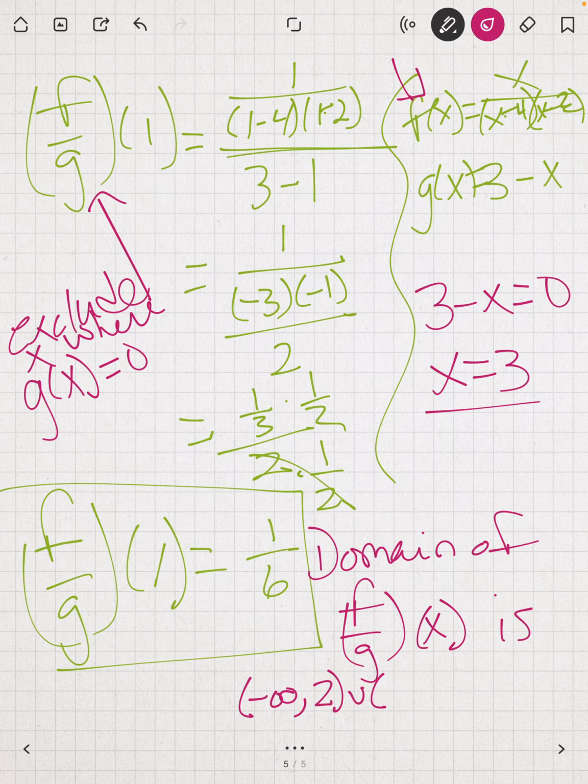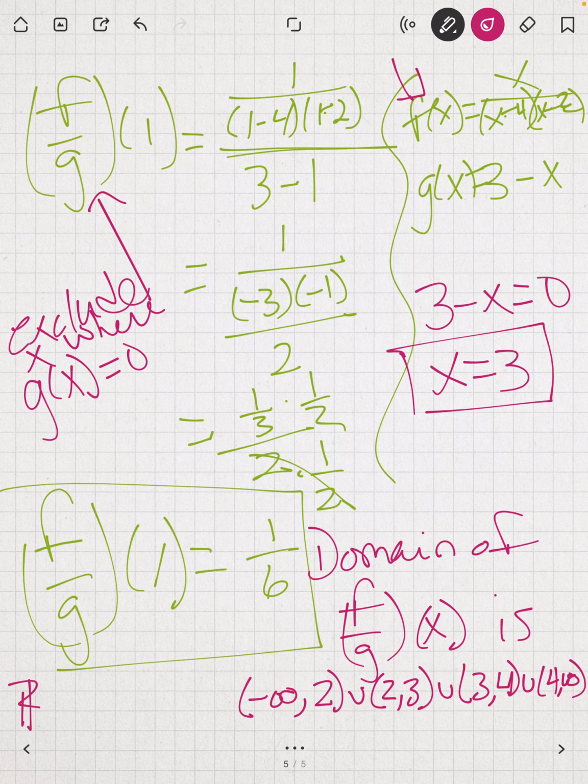But now we have to exclude 3. It's from 2 to 3, and then 3 to 4, 4 to infinity. And whenever we write set notation like that, it gets a little cumbersome. You can also write the reals minus the set containing 2, 3, and 4. So both of those are valid ways to write the domain of f over g.